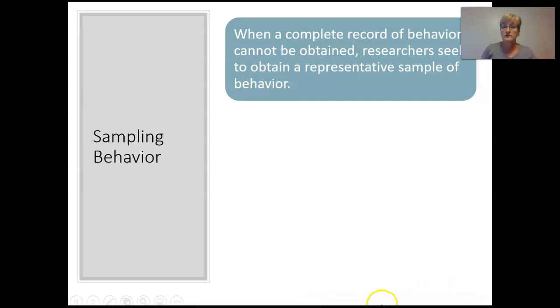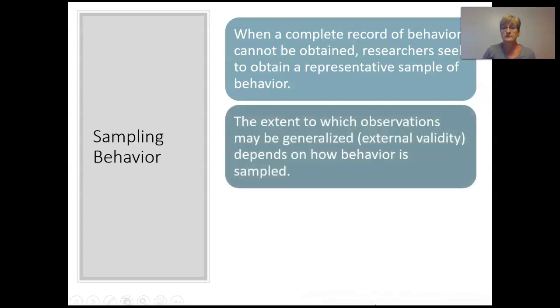So if we acknowledge the fact that a complete record of behavior can't be obtained, then what we try to do is get a representative sample of the behaviors exhibited if you're looking at an individual, or, if you're looking at it from a group level, a representative sample of individuals who can represent the population that you're interested in.